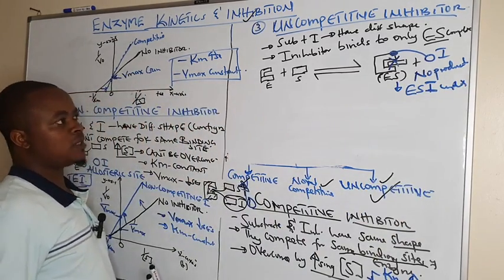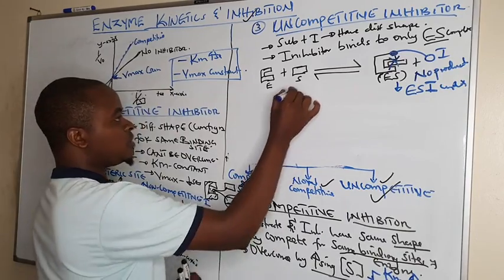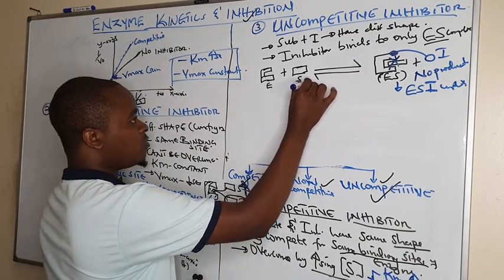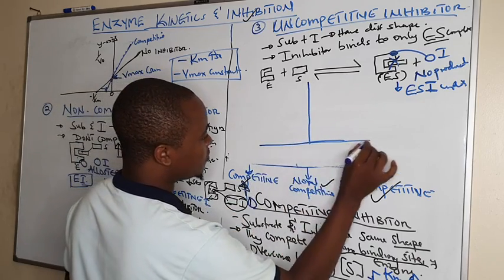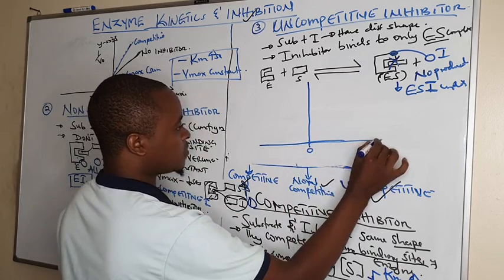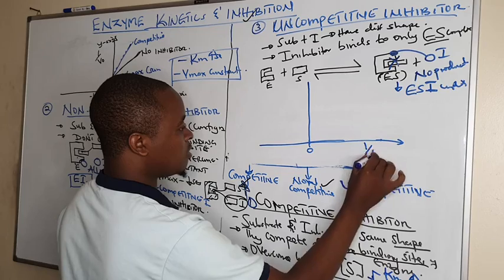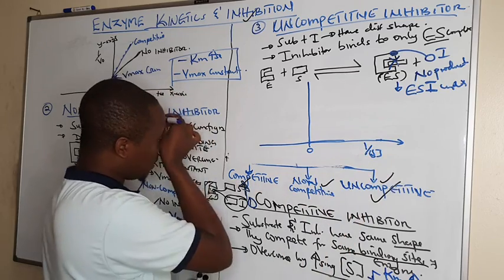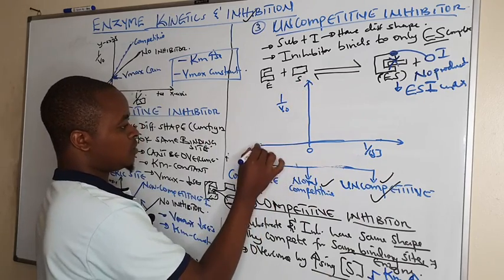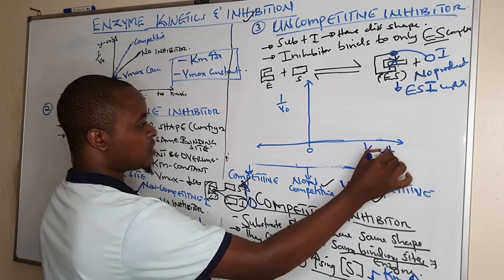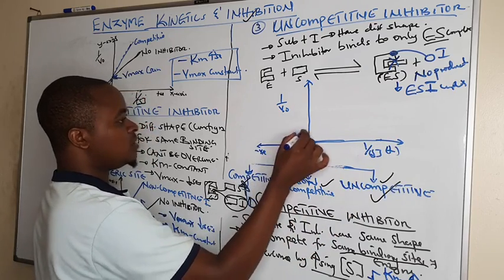And because of that, we are going to see, if we plot the Lineweaver-Burk graph, whereby here is 1 over substrate concentration, we have 1 over V naught, this one being the positive side, this being the negative side.